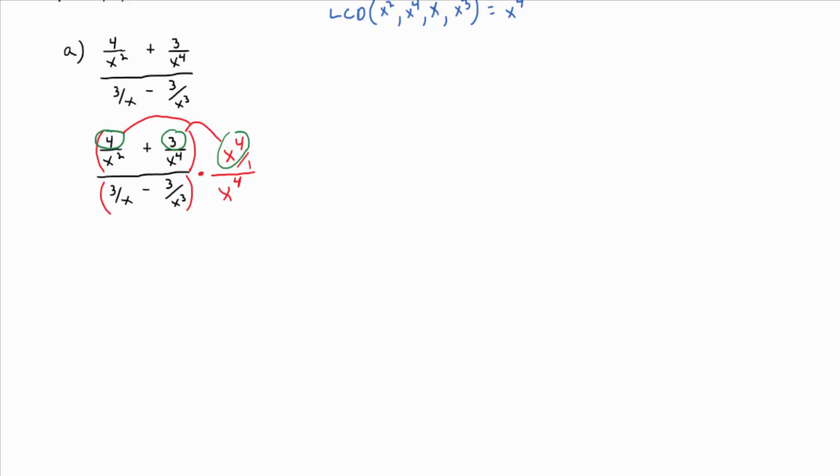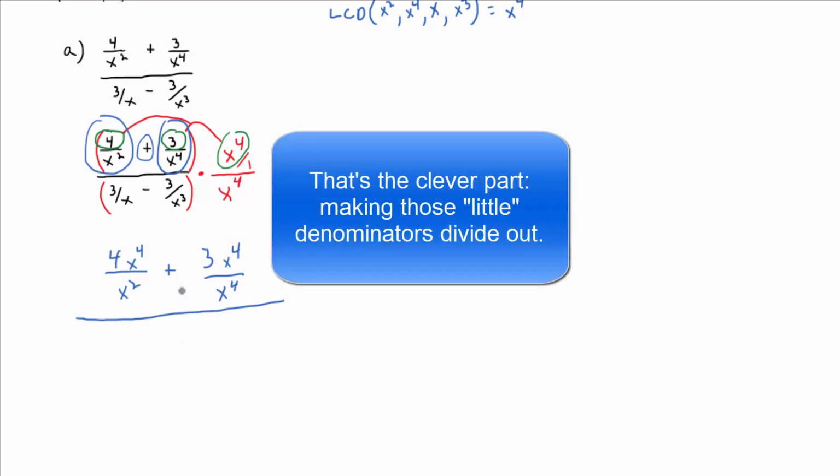So you end up with 4 times x to the 4th over x squared in this first guy when you do the distribution. Plus 3 times x to the 4th over x to the 4th when you distribute to this little fraction. And so you're going to get cancellation there, and the little fractions are going to disappear.